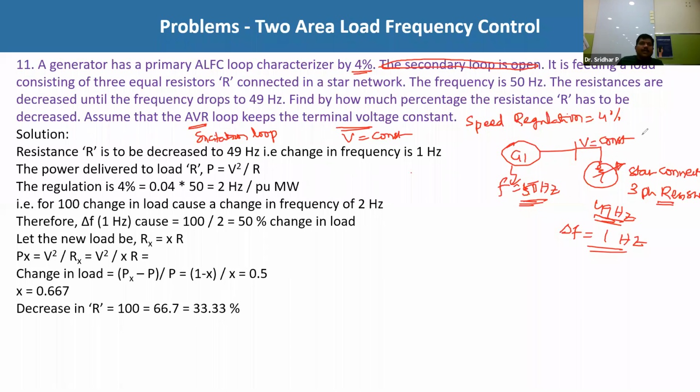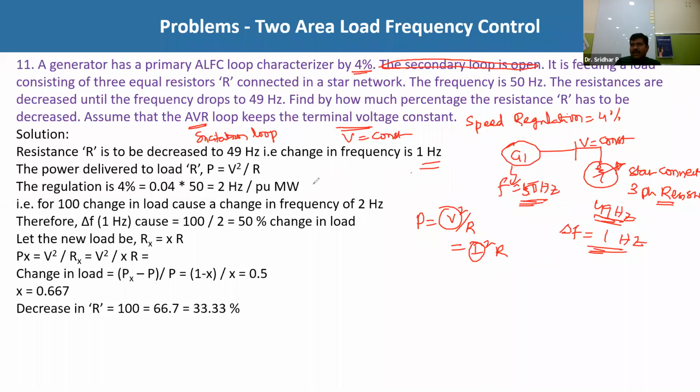Resistance R is to be decreased to reach 49 Hz, that is, a change in frequency of 1 Hz. Just now also we discussed this. The power delivered to the load is P equals V square by R, or I square R. Because we don't know the current, but he has given that V is constant in both cases.